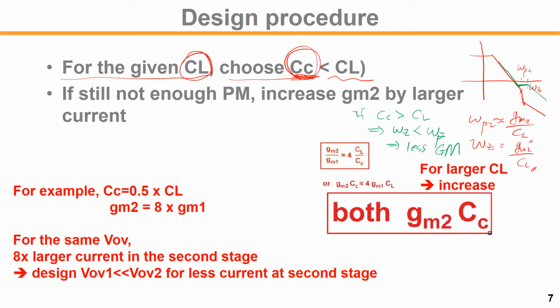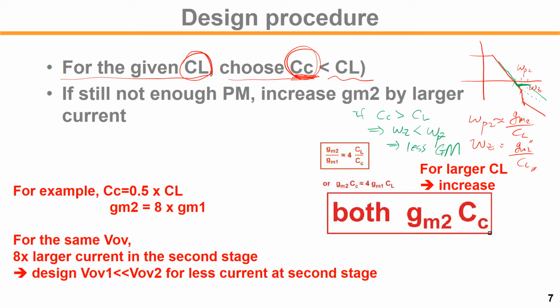We want the gain to go straight down, following 20 dB per decade, but it will boost up the gain near omega u, reducing the gain margin.